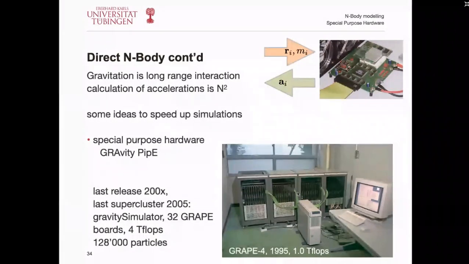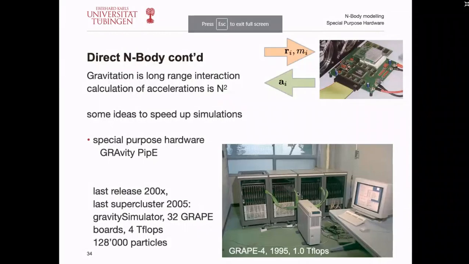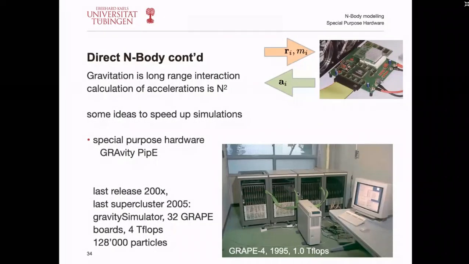Nowadays, nobody uses such GRAPE boards. No, not nobody. That is always not true, never true. Nobody is never true. I think there are still GRAPE boards used in Japan. I've seen some SPH simulations which also used GRAPE boards. So if you don't have a large number of particles, then you can combine these GRAPE boards also with hydrocodes.